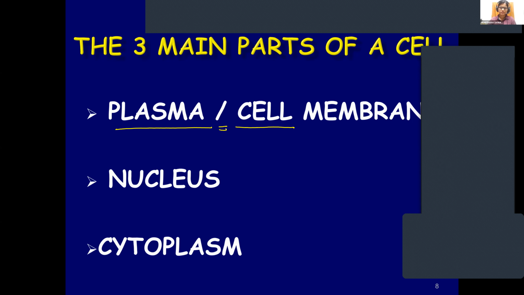That is a layer found only in plants to give them additional protection. So we will learn about cell wall later. But any cell, whether it is a plant or an animal cell, the three main components that we see are plasma membrane, nucleus and cytoplasm. Okay? No doubts?